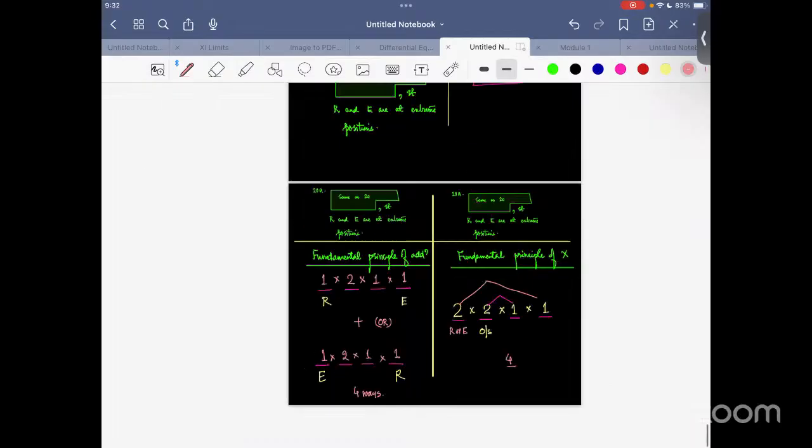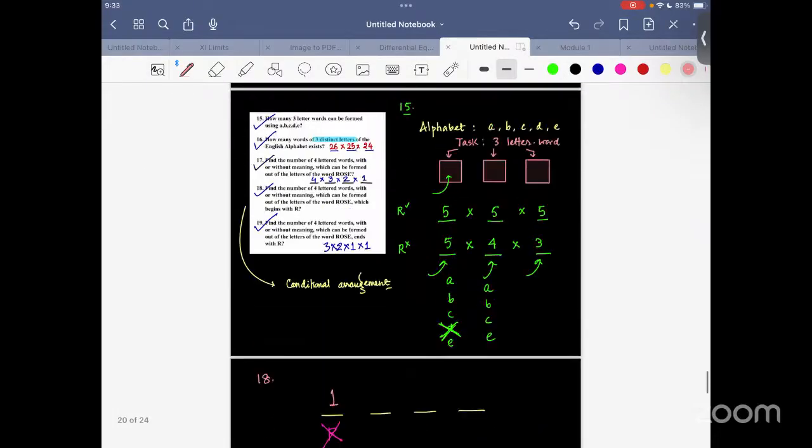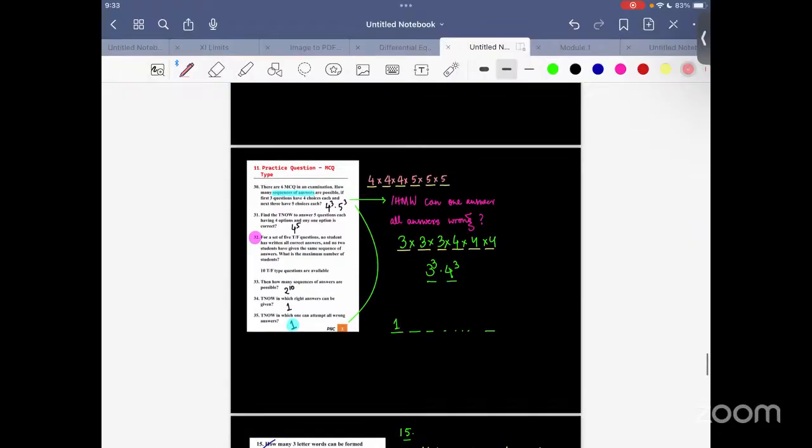Clear? Okay. So we are done with this set.